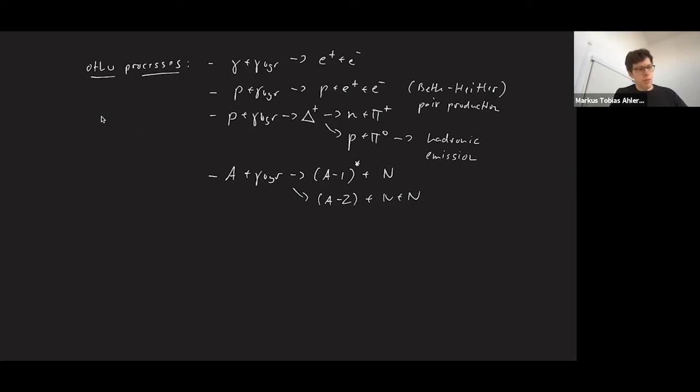So let me tell you a little bit more about our expectation for the energy spectra for the different leptonic processes. And here I will start with the synchrotron radiation. This is a process that you already know quite well. In particular on Monday, we talked about the gyro motion of charged particles in the background magnetic fields.